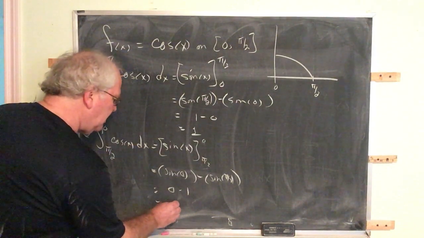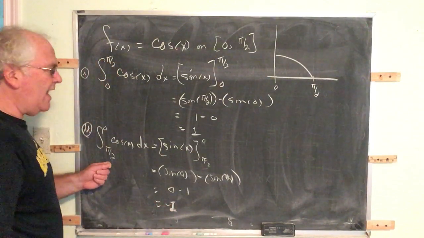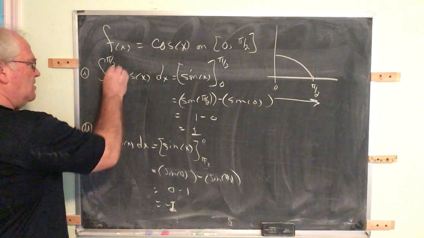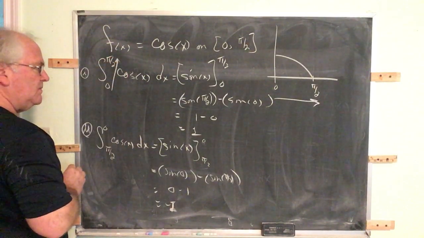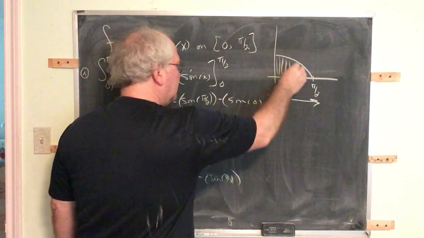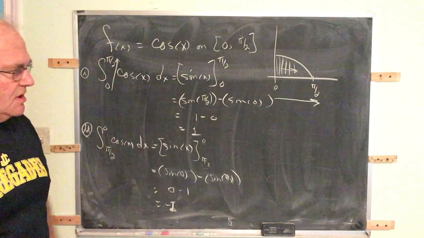So if the area you accrue is going from left to right, starting at 0, going up to pi over 2, that will be interpreted as a positive number by this computation.